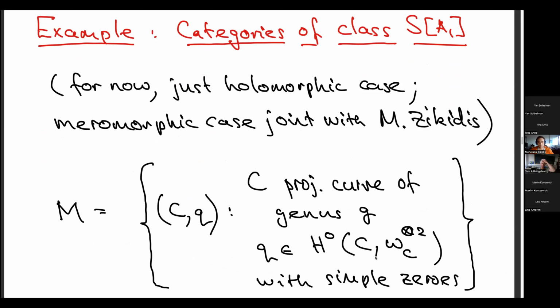For now, I'm just talking about the case where the quadratic differential is holomorphic. Menelaos Zachos, who's in the audience, is thinking about the meromorphic case, so hopefully we're going to have some theorems about that soon. But for now, I only know how to do this in the holomorphic case, which is a shame because in many ways the situation where you allow poles is simpler.